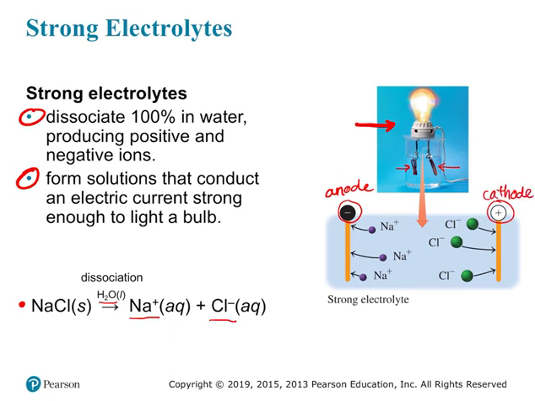When we have freely floating ions in solution, the positive ions are going to be attracted to the negative electrode, and the negative ions will be attracted to the positive electrode. This is going to encourage a current to form, and that can light up the light bulb.